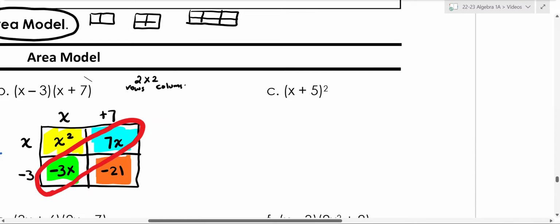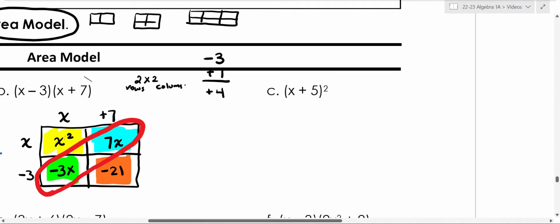Repeat the mantra. When I add and subtract the coefficients, keep the variables the same. All right, so which coefficients do we see? You should see a negative 3, and you should see a positive 7. And when you combine these, you should get a positive 4. Clear? All right, put this on the side right here.